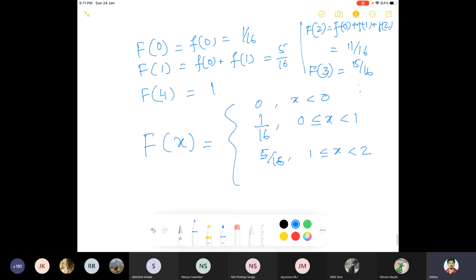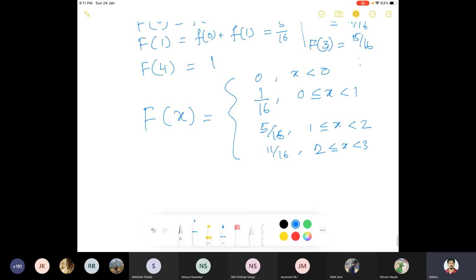Then we have 11 by 16 when 2 is less than or equal to x less than 3, and 15 by 16 when 3 is less than or equal to x less than 4, and then 1, of course, when x is bigger than or equal to 4.